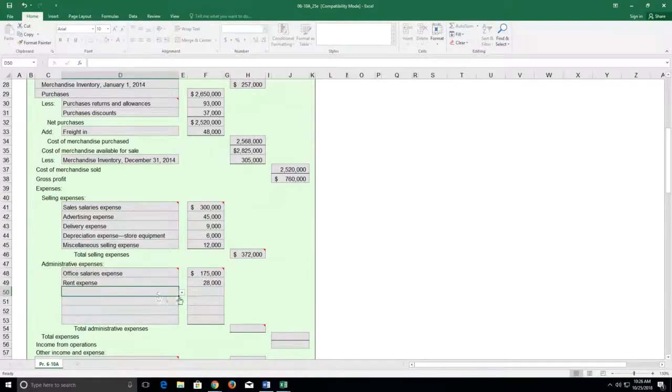Then we had insurance. Office supplies. I think it's easier to go this way. And then we had depreciation. And finally, miscellaneous.